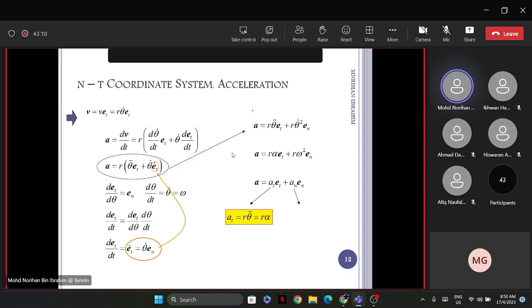At the end we can get this equation. This equation is what you need to remember. A is equal to R theta double dot ET plus R theta dot square EN.